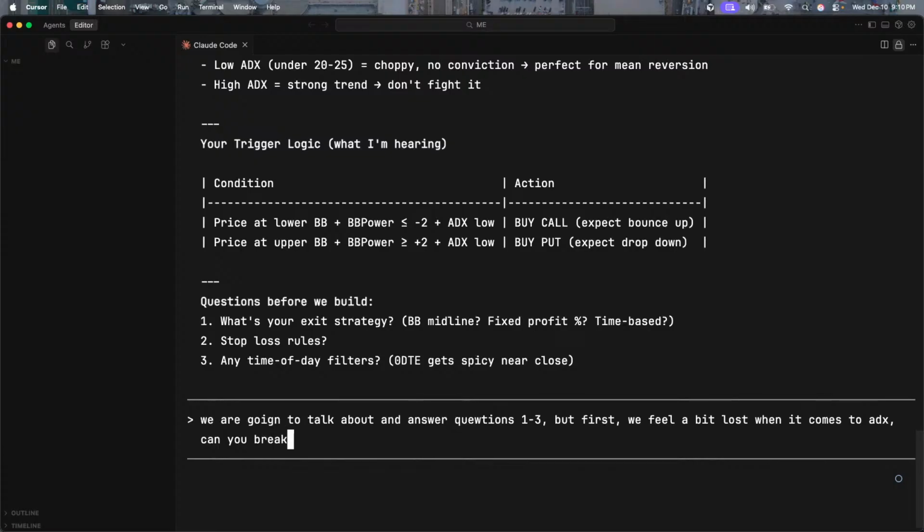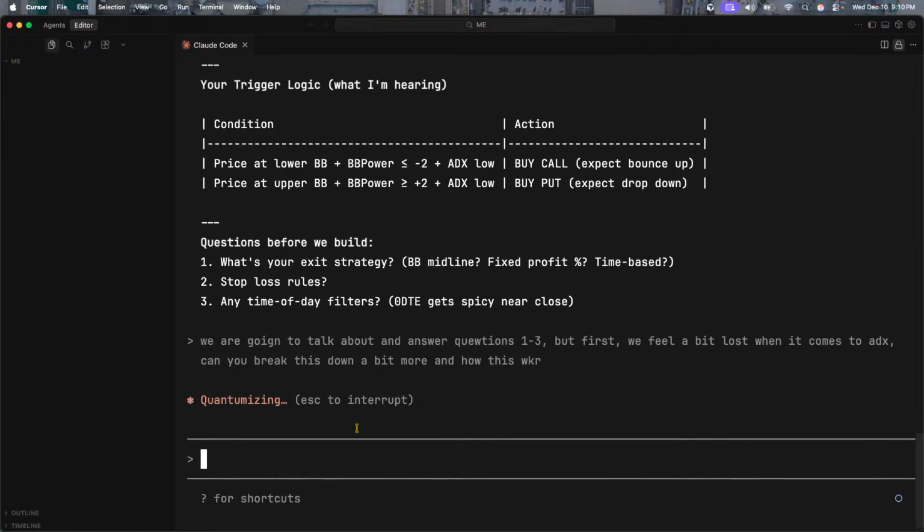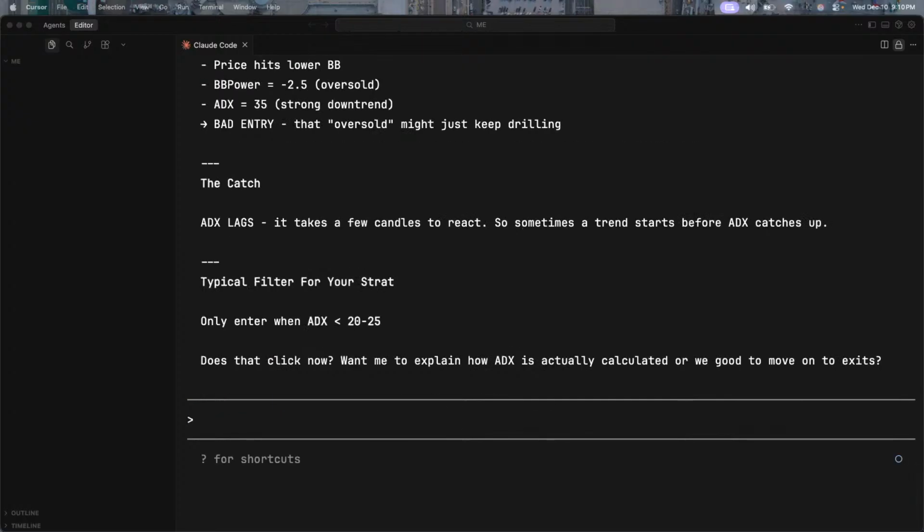Can you break this down a bit more and how this works? Because this is the first time I'm using it here on the channel. So I want to make sure we really break down ADX, how it works, and how it's going to work for this algo strategy. If y'all have any questions, please let me know. We are building this as a community.